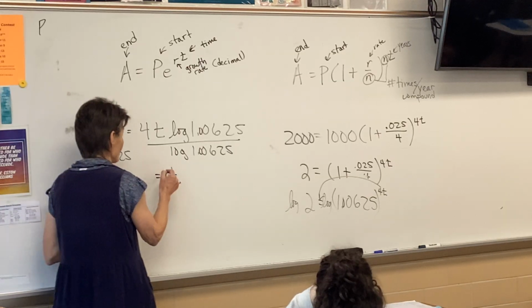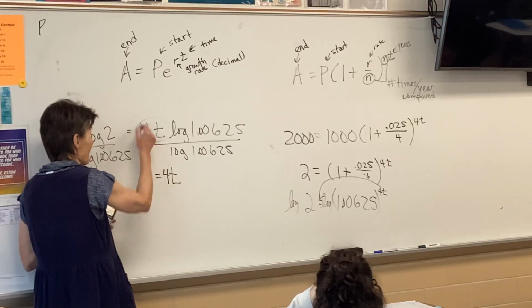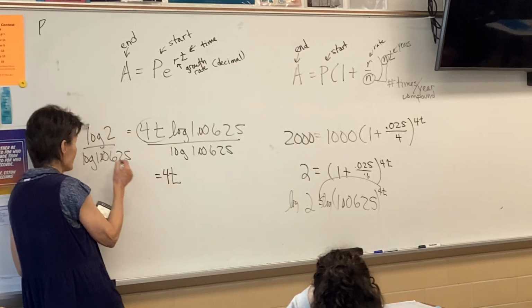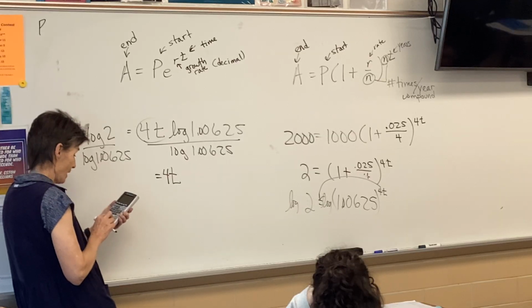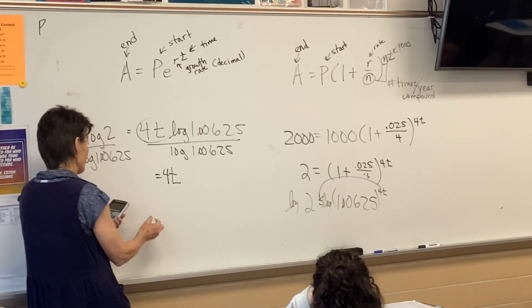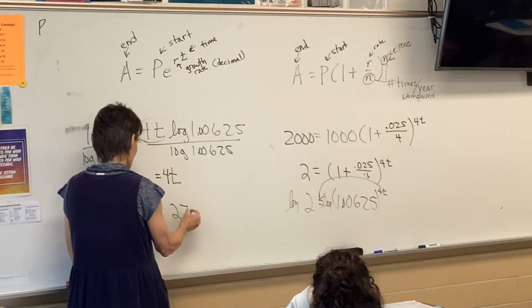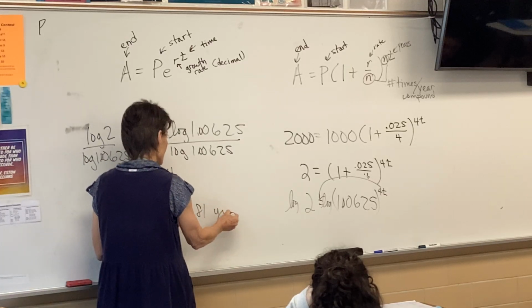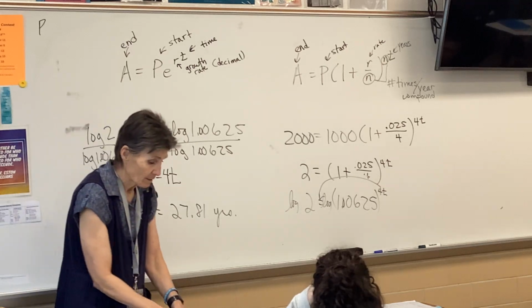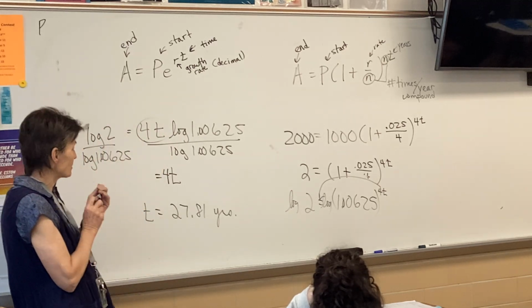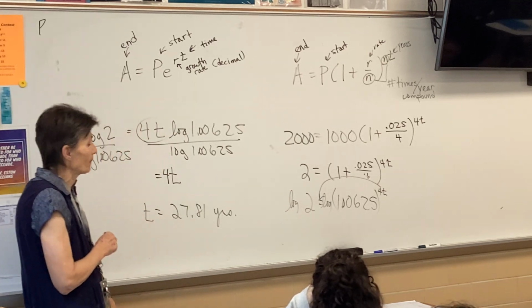And then, remember, that wouldn't be t, that would be 4t, so after I get that, I have to divide by 4. And I got 27.81 years. Remember, time in this formula is always years.